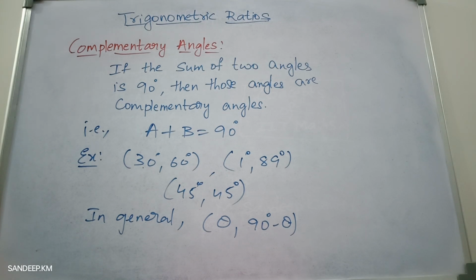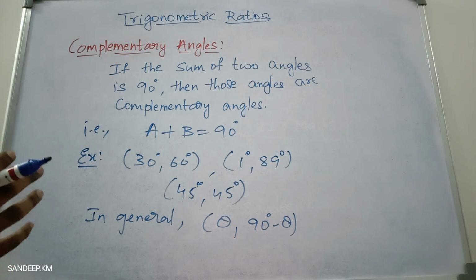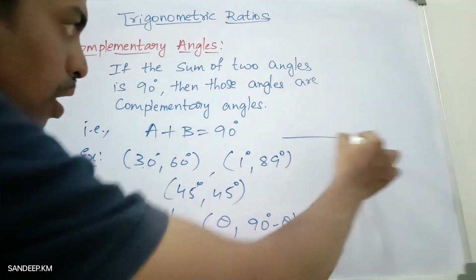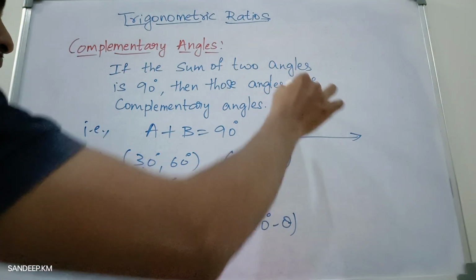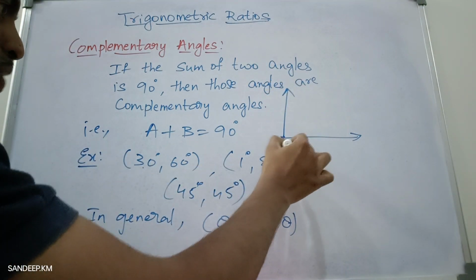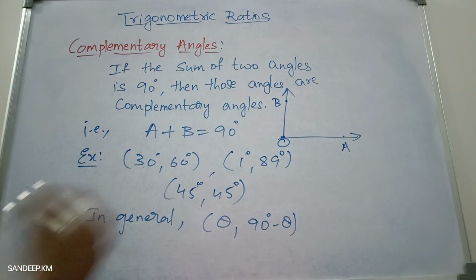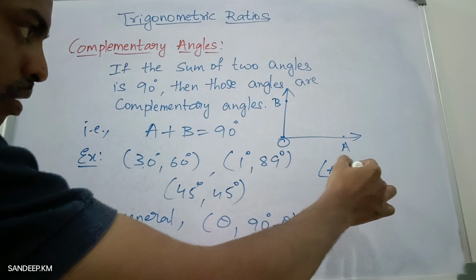Next, let us discuss supplementary angles. But before that, how can I see complementary angles diagrammatically or geometrically? Very simple. Let me consider the right angle with vertex O and the rays OA and OB. Here angle AOB is 90 degrees.